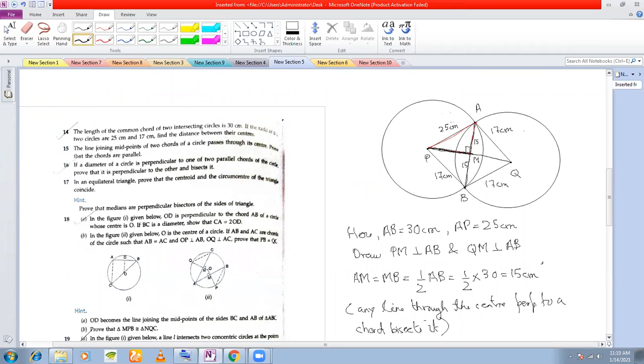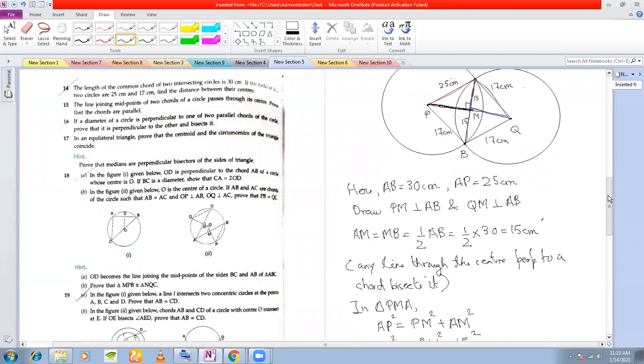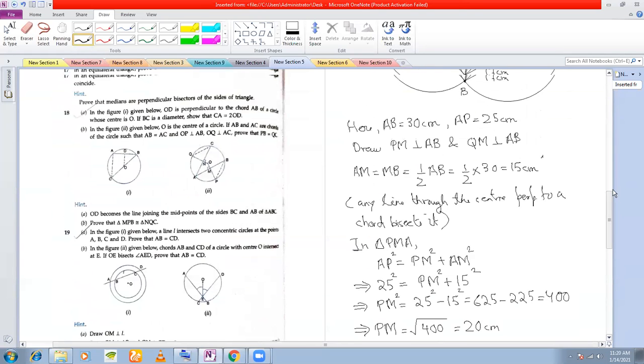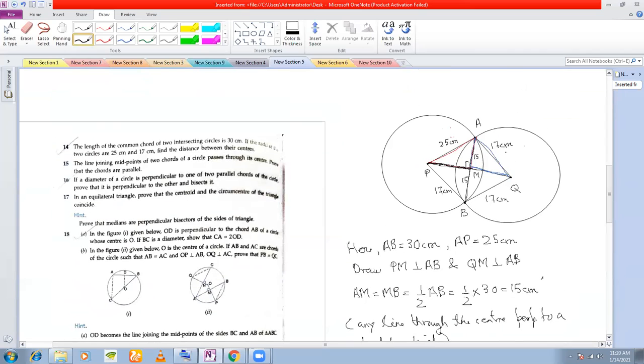Now we proceed to find out the length of MQ. In order to find out MQ, you can consider this right angle triangle here. So we are talking about AMQ. So in triangle AMQ, which one is the hypotenuse?